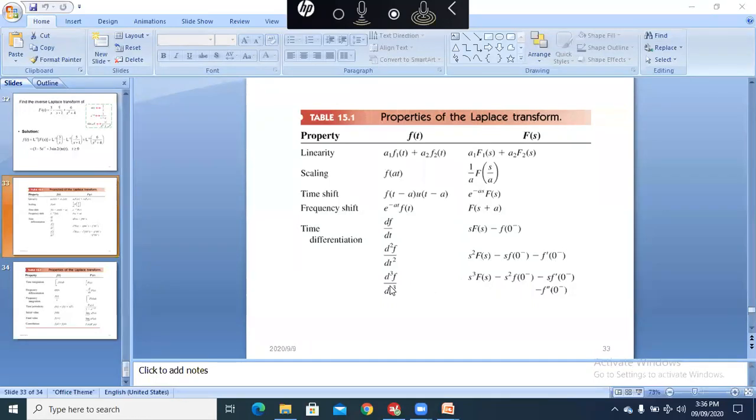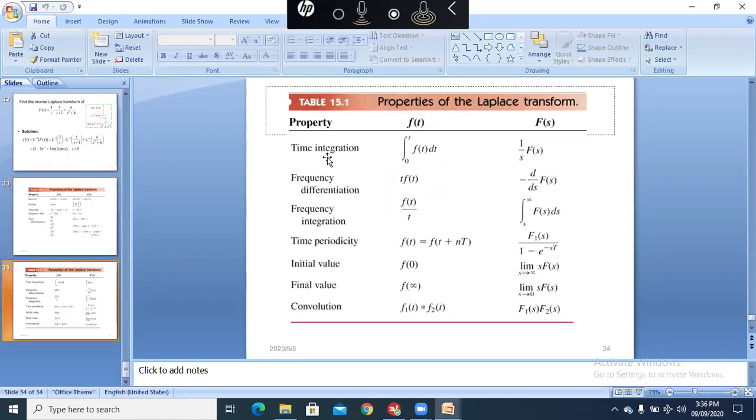Similarly for the third derivative, and so on, we can take the nth derivative in the time domain. Also, we can have the integral in the time domain, which is 1 by s F of s.